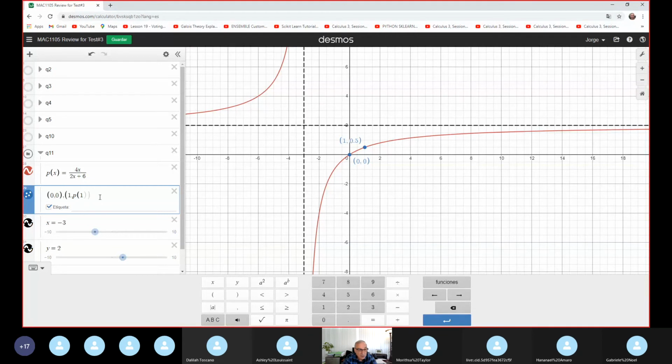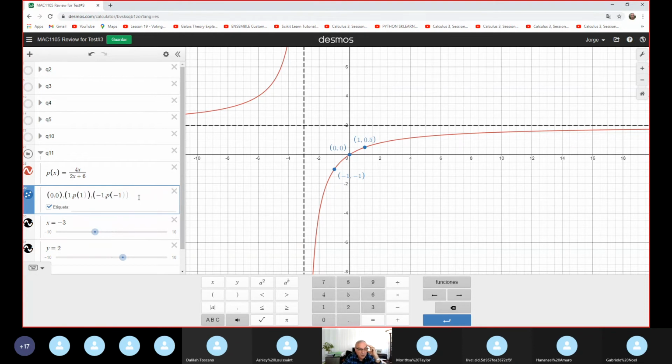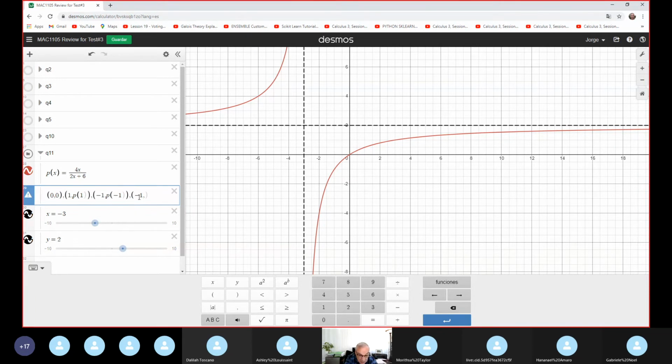And likewise, -1, comma, P evaluated at -1. Boom, -1. And -4, I say -4, separated by a comma, open parenthesis, -4, comma, P evaluated at -4.